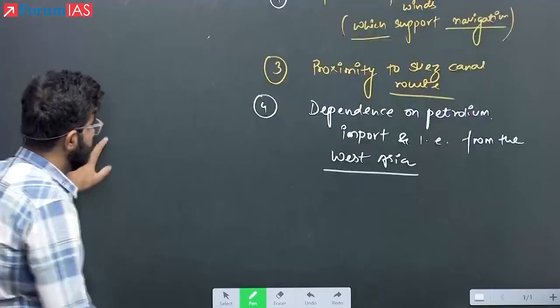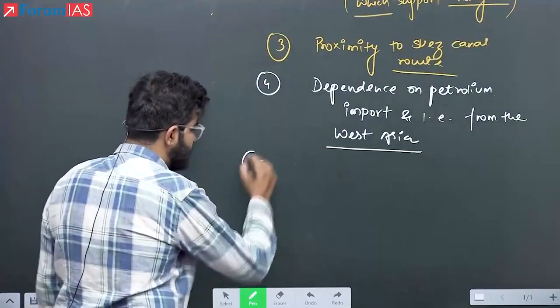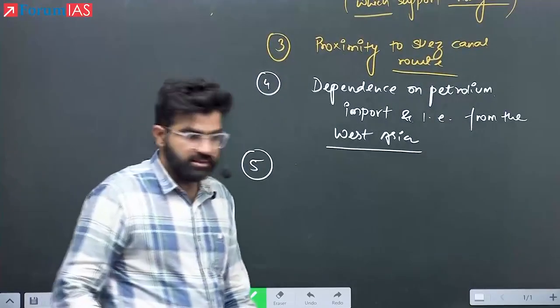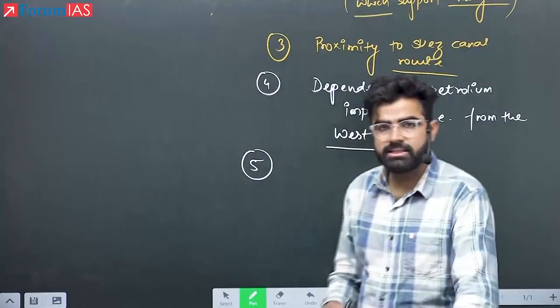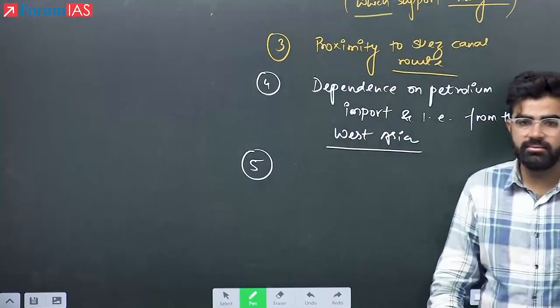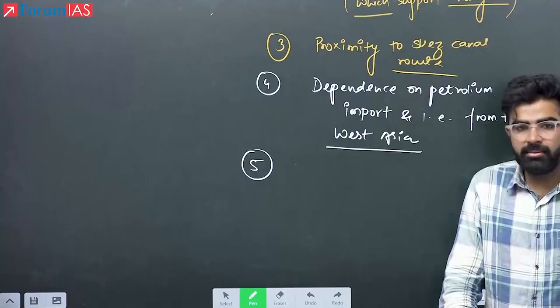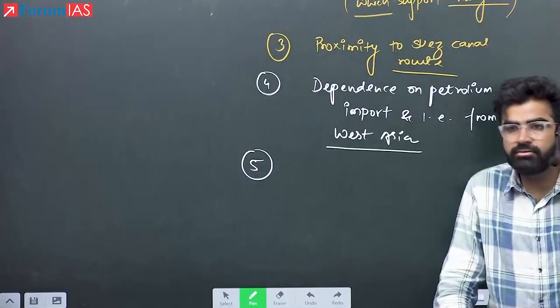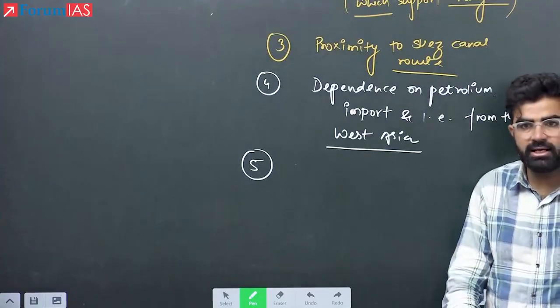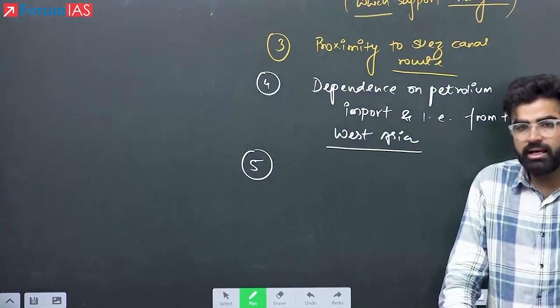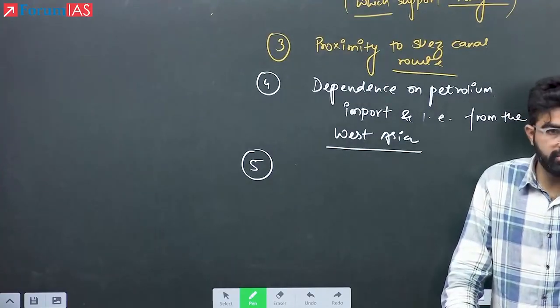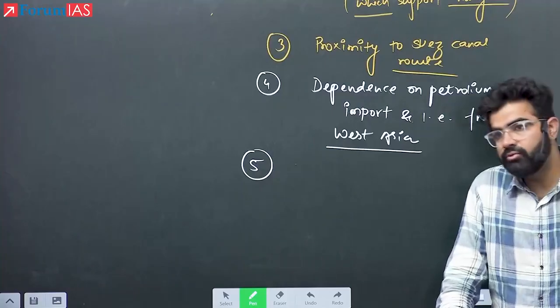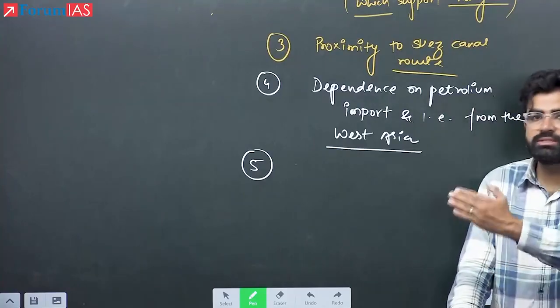Can I say the fifth reason can also be the historical reason? What is the historical reason? The man who discovered India, Vasco da Gama, also reached from which side? Western or eastern? He came from the western side. And most of the Arab trade that was going on earlier, this was the trade route.